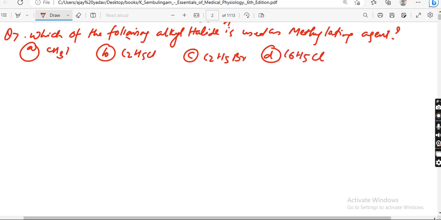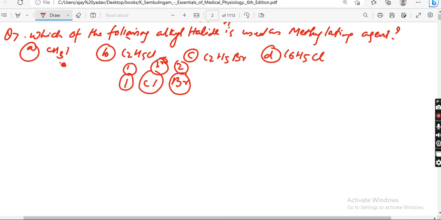So an important point is, among iodine, chlorine and bromine, the better leaving group is iodine, then bromine. If I have to choose among these three, I would choose this.